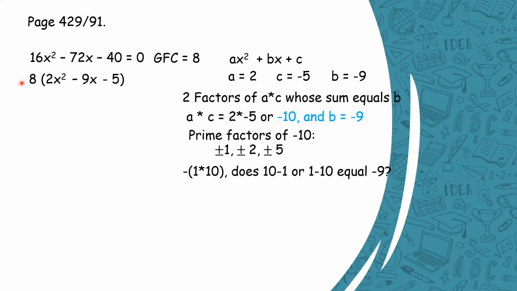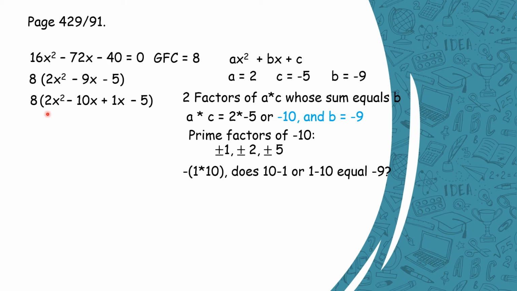So let's go back to our original problem, in which the parenthesis can be rewritten as 2x squared minus 9x minus 5, knowing that the negative 9x can be a combination of negative 10x plus 1x, based on what we found over here. And of course, this will be multiplied by 8.